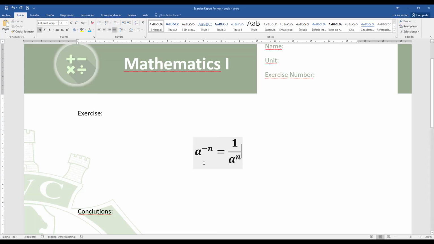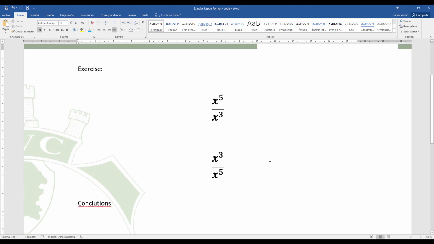This is the reason that you need to change that, only if the exercise requires it. But now we will explain why, when you divide the variables, you need to rest or subtract. Why? We have here two samples.